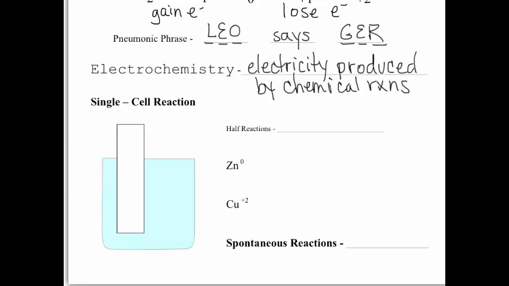So this diagram that you're looking at, this is supposed to be a beaker, and it's filled with a solution. This is a solid piece of metal, and this metal happens to be zinc. So that's a solid piece of zinc. Zinc, being a solid, has an oxidation number of 0.